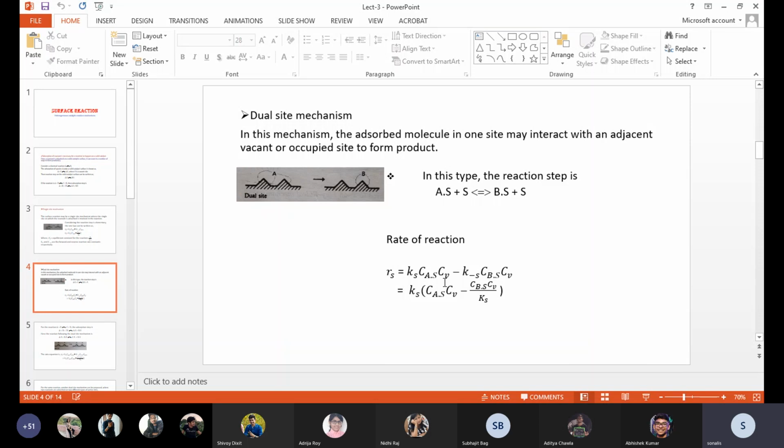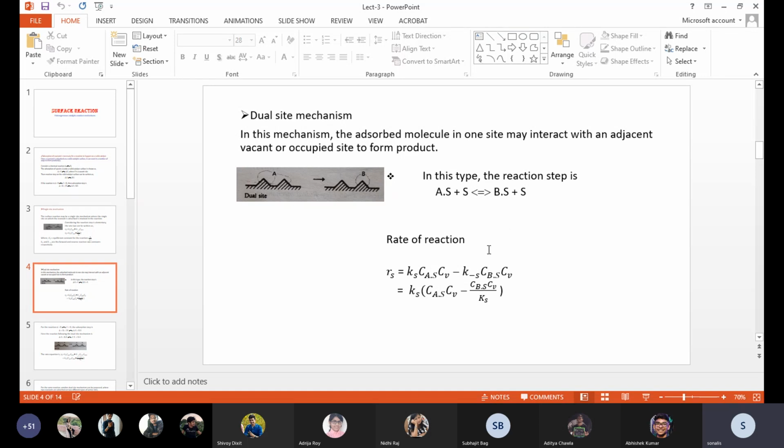Instead of S, I have written V because I want to denote vacant. You can write CS if it is convenient to you. I did not use S because here I have used S, so these two S's are very confusing. For that reason, I have used V.